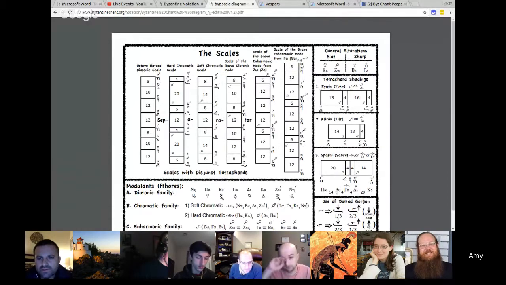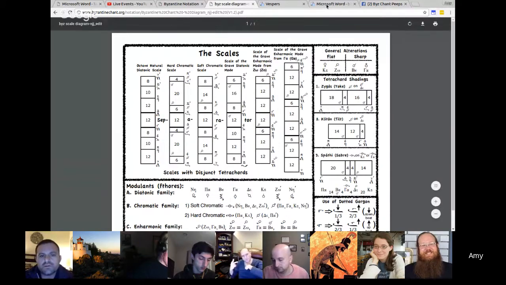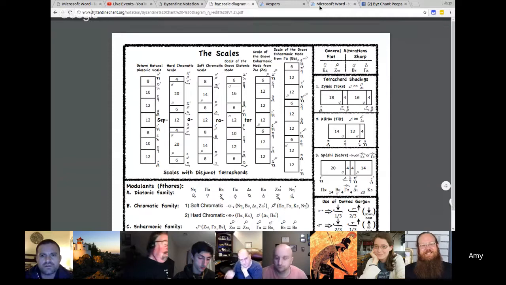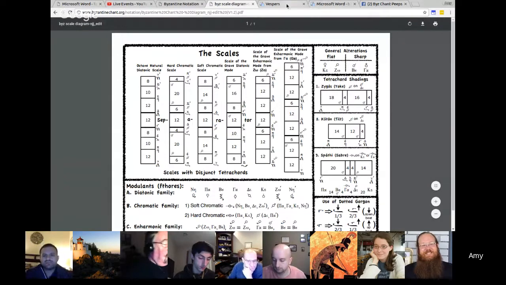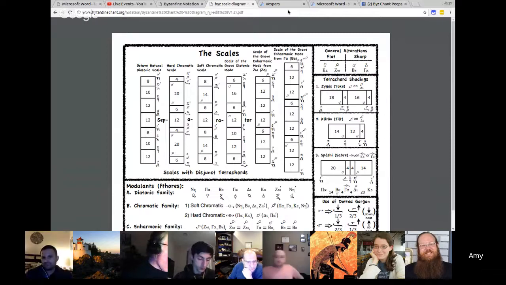And now it's saying v to vu is 12 and 4. I was looking at the wrong enharmonic scale, so you're right. It's actually a little bit sharper, higher.